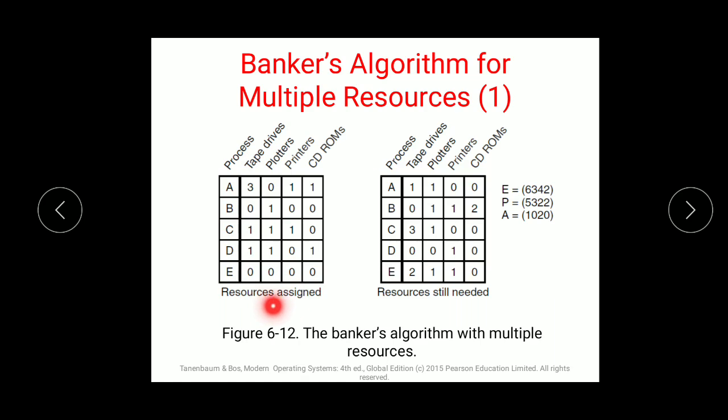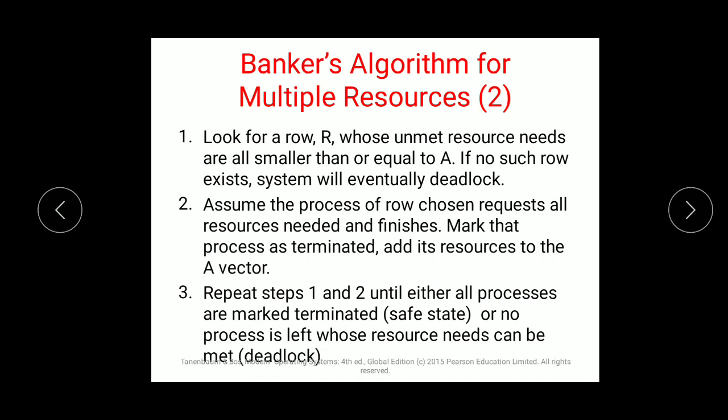The diagram shows the resources assigned to those processes and the resources still needed, the actual requirement, with multiple resources at a time, not only a single resource. When it comes to multiple resource access, this can be done for.